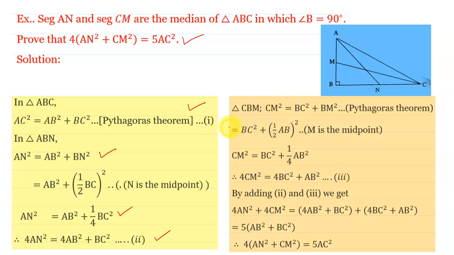Again we consider another triangle, triangle CBM. In this triangle, CM square is equal to BC square plus MB square. Therefore we need CM square, keep this same CM square, and BC remains.